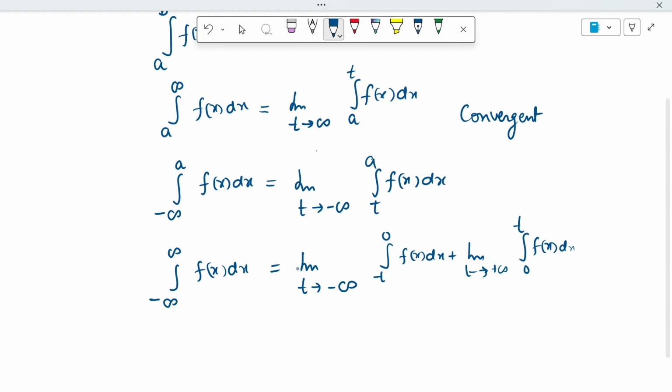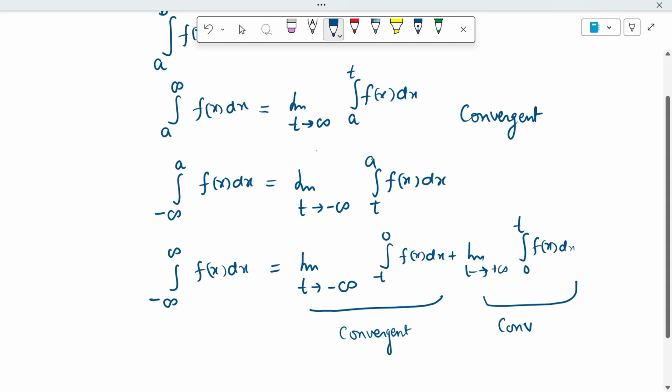If the integral from minus infinity to infinity is convergent, then this part has to be convergent and this part has to be convergent. It means that the limit of this part will exist and the limit of this part will also exist. Then we say that this is convergent.